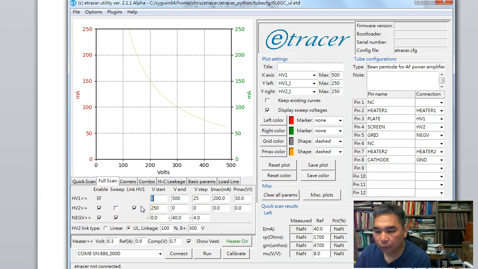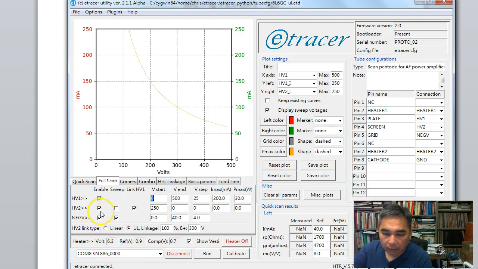So the voltage on HV2 follows HV1 in a certain way, and the negative voltage supply supplies the signal swing. Its sweep is checked and starts from 0 volt to minus 40 volt in steps of minus 4 volt. So let's turn on the heater.